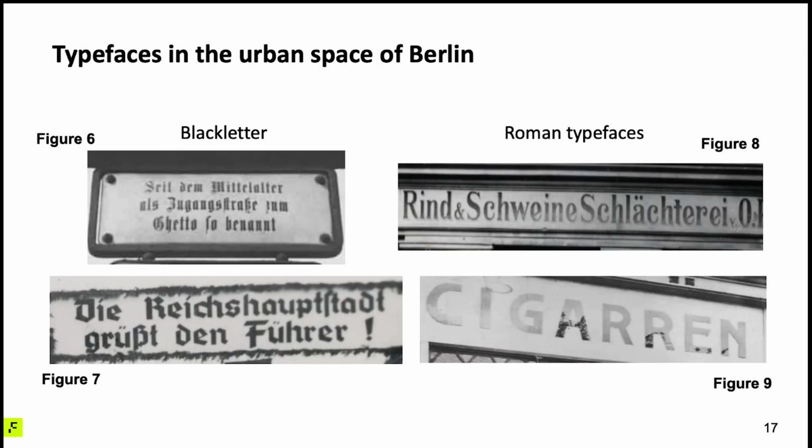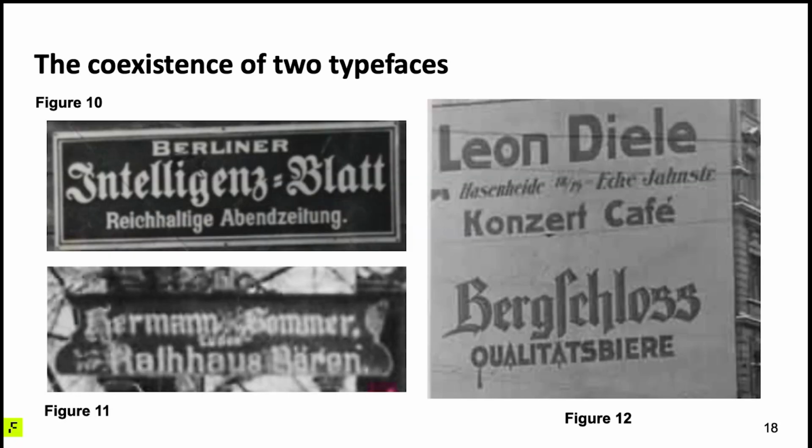These are some examples from my dataset, showing actual uses of Blackletter and Roman typefaces in Berlin's urban space. And the following examples show cases where both typefaces are used simultaneously within a single sign.